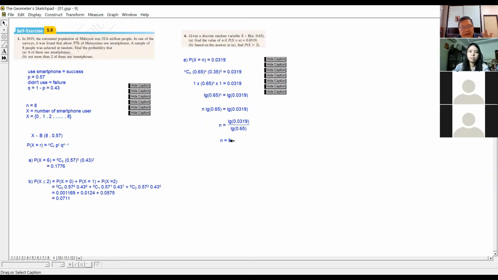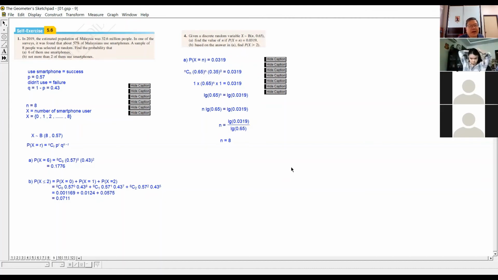The last one is n, which is 8. So that means I have to find probability of X equal to 3, 4, 5, 6, 7, 8.